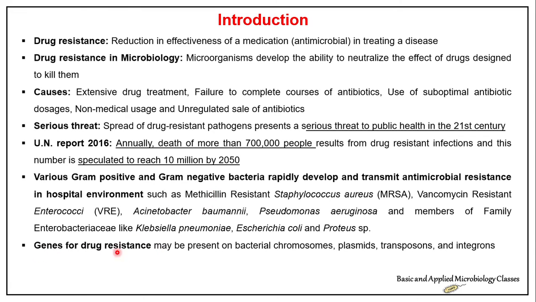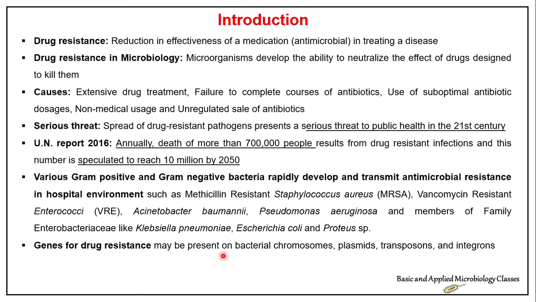These bacteria possess genes for drug resistance, and these genes are present on genetic material. Genetic material means the bacterial chromosome, extra chromosomal elements, as we are well aware, plasmids, transposons, which are also known as jumping genes, mobile genetic elements, and integrons, right?